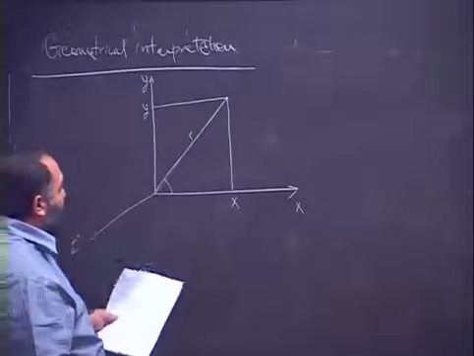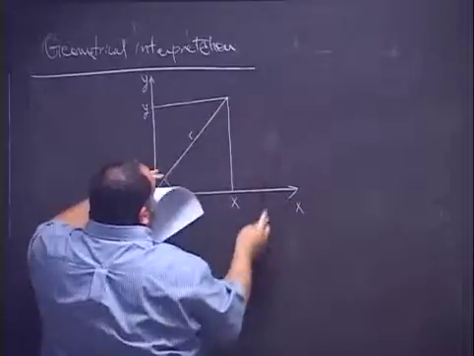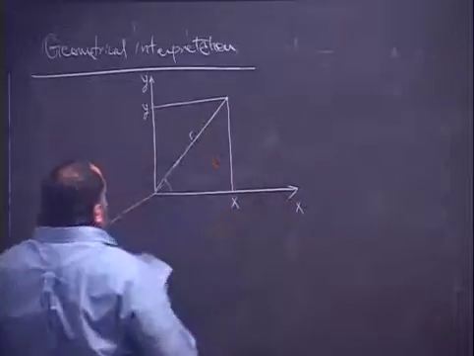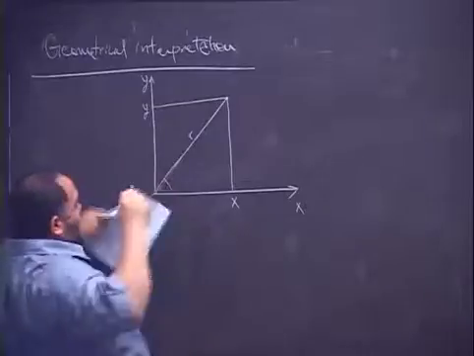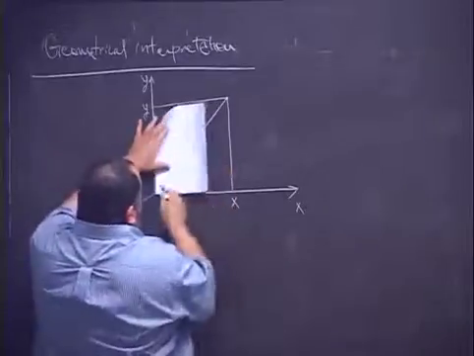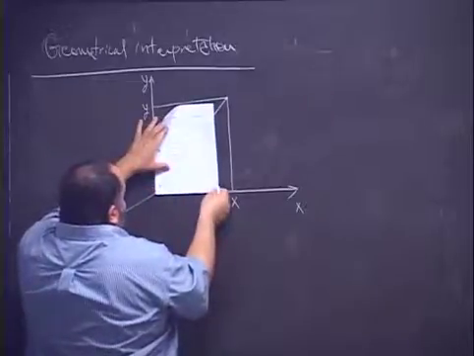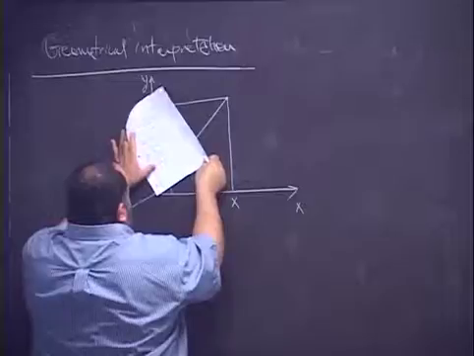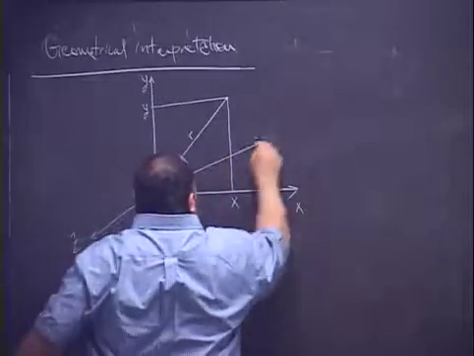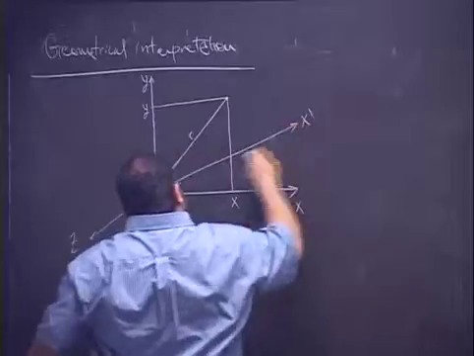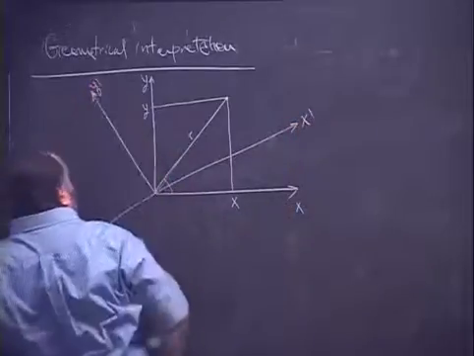So now, if we were to rotate the coordinate system with respect to the z-axis, so here is the z-axis, and this is the x, this is the y, and if I just rotate this, the new x-axis will be x prime and the new y-axis will be y prime.